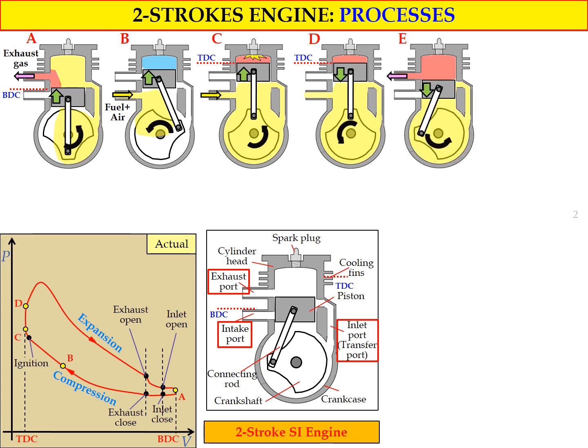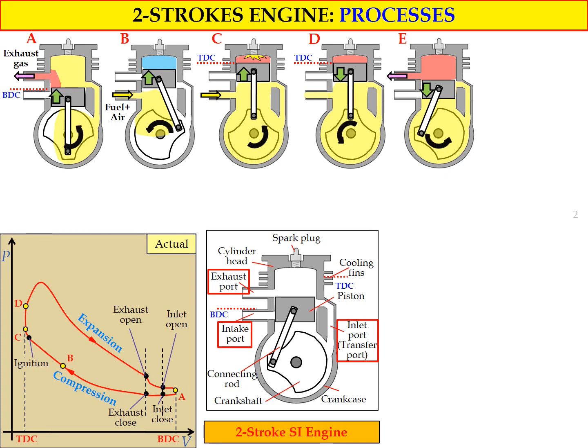Okay, now figure E, the piston already moved downward, approaching the BDC location. So now the expansion process occurs, the pressure value decreases, and the volume of the combustion chamber increases.